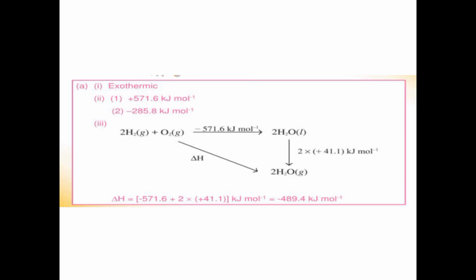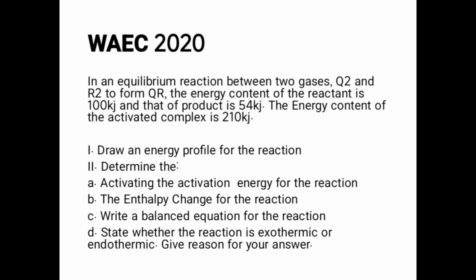So the final answer is minus 571 plus 2 times plus 41 kilojoules to give us minus 489.4 kilojoules per mole. So let's look at some WAEC questions. WAEC 2020: in an equilibrium reaction between two gases Q2 and R2 to form QR, the energy content of the reactant is 100 kilojoules and that of the product is 54 kilojoules.